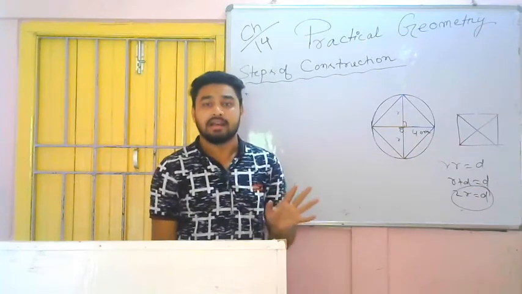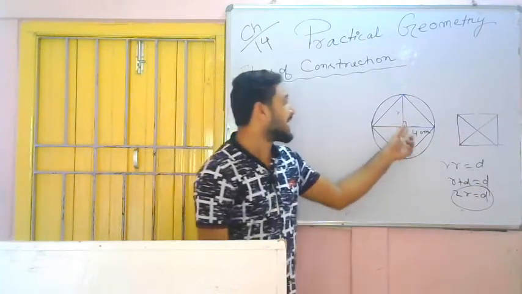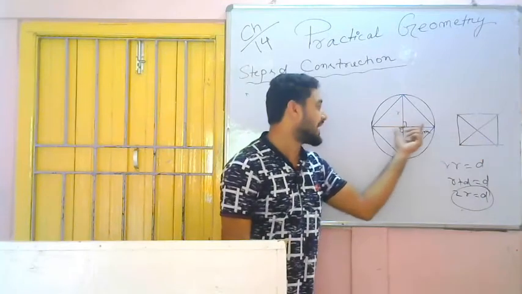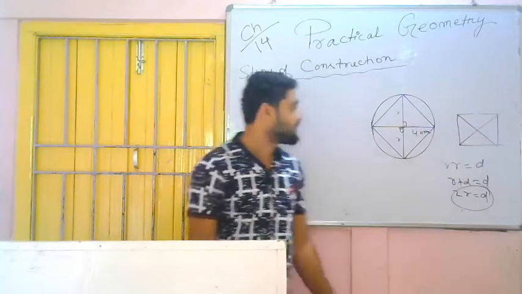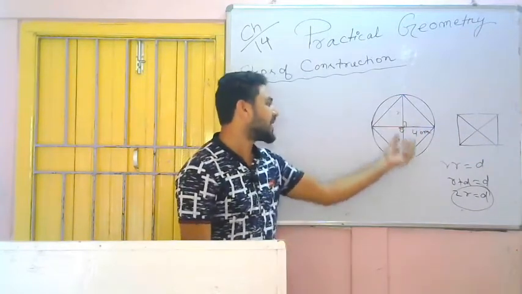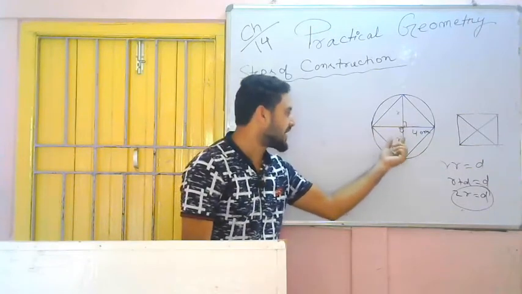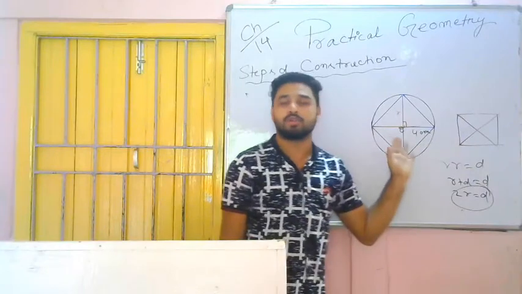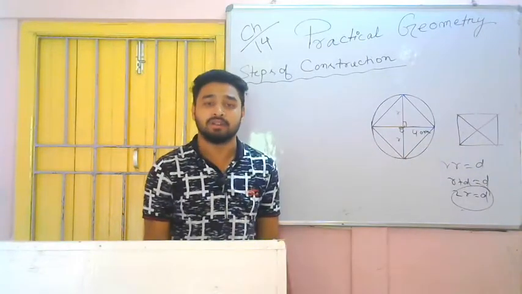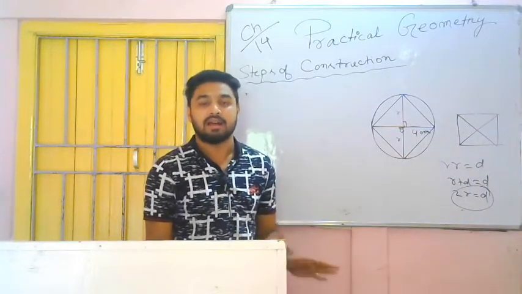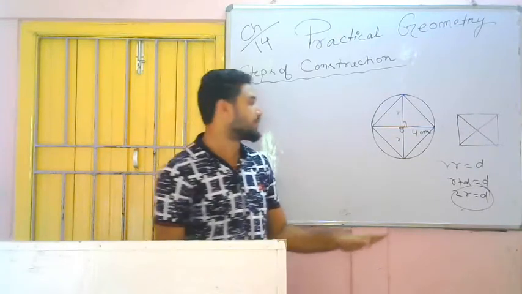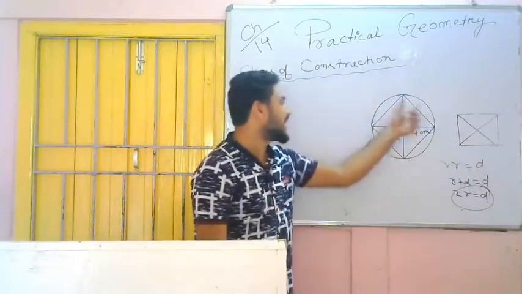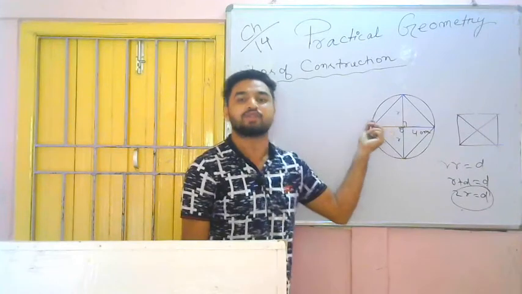And we know that the diagonals of a square are equal. So we can say that the shape we got is a square.